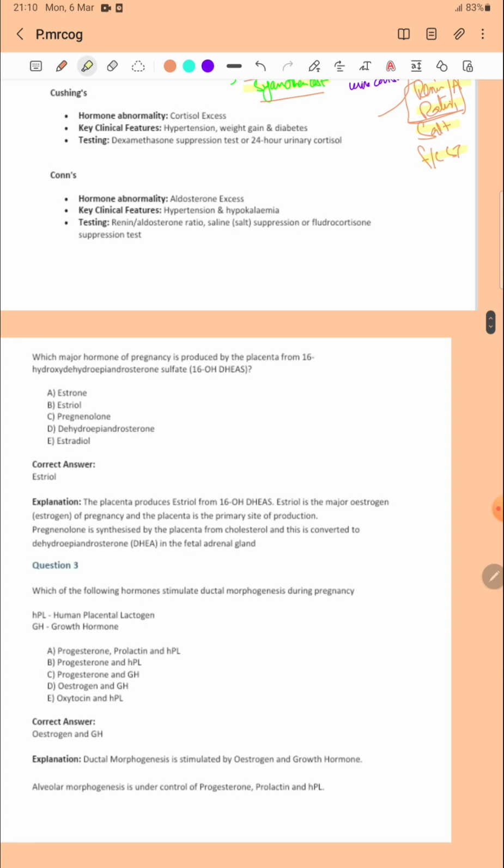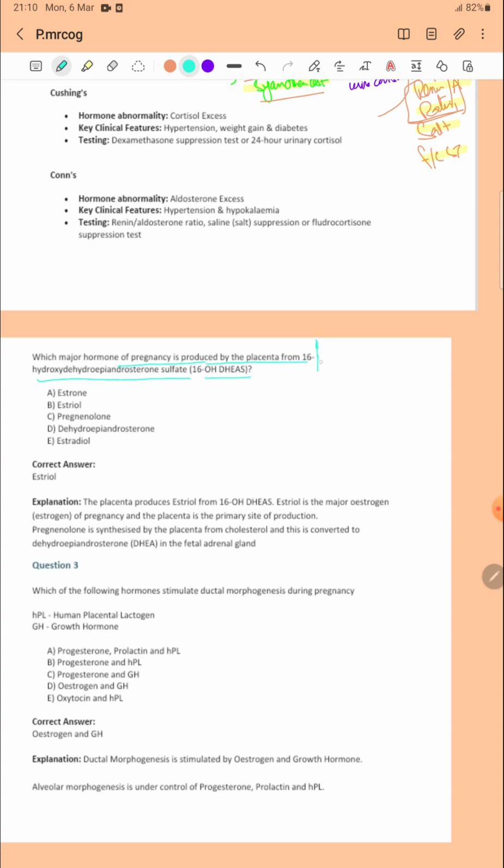Now question number 2: which major hormone of pregnancy is produced by the placenta from 16-hydroxy dehydroepiandrosterone sulfate, or 16-OH DHEAS? Yes, the placenta produces estriol.